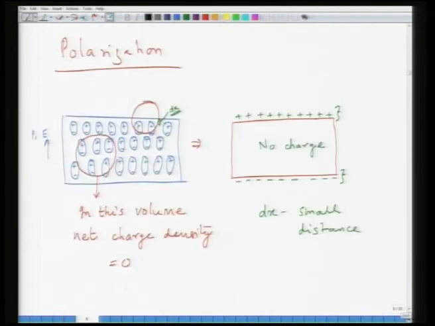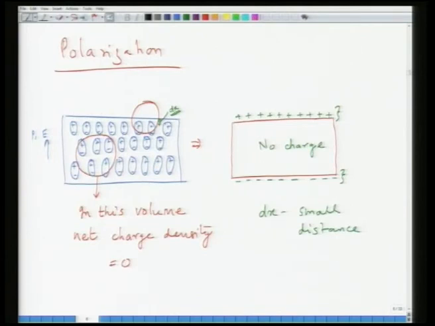So then we looked into what is the origin of polarization. For that we drew a schematic picture: we took a dielectric material and assumed that this dielectric material is polarized. Under the polarized condition, we probed two volumes. We can probe inside the material itself. If we probe inside the material itself, we find that the net surface charge density within that particular volume is equal to 0, because positive and negative charges cancel each other.